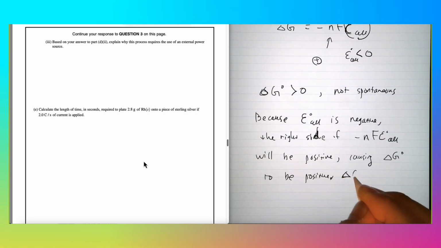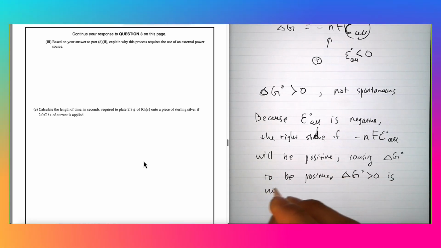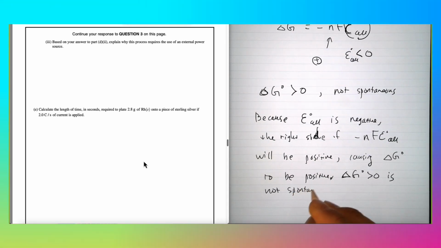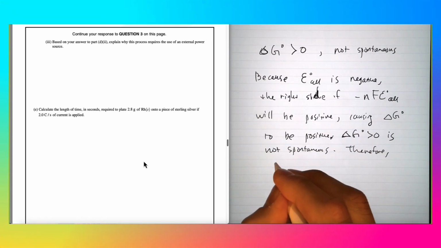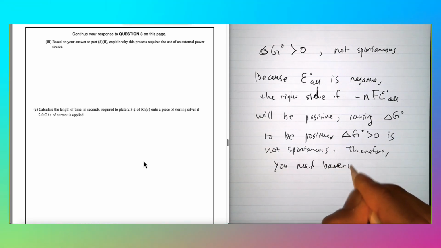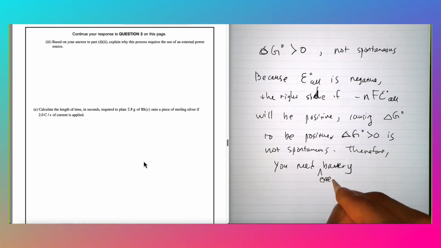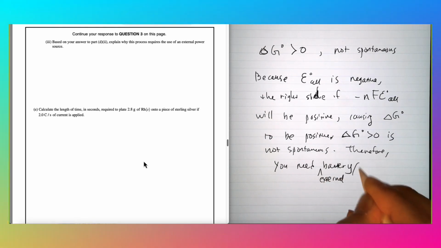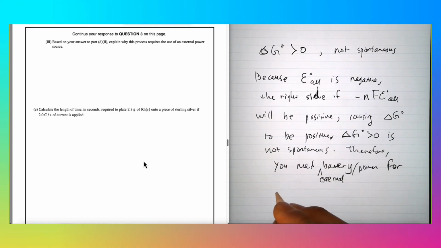Positive delta G is not spontaneous. Therefore, you need battery. External power or battery for the reaction to happen.